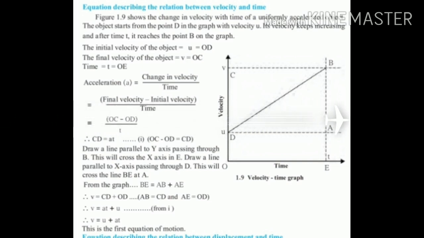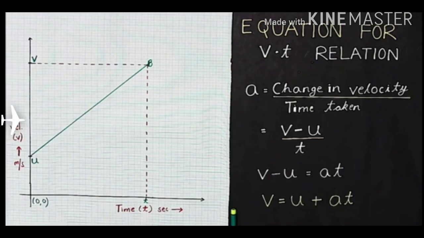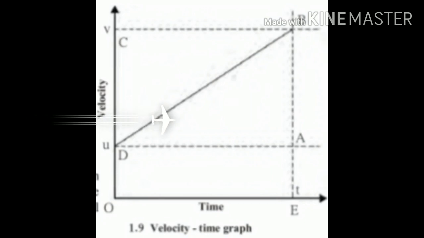Therefore, CD is equal to a into t. Then you draw a line parallel to the y-axis passing through the point B. This will cross the x-axis at point E. You draw another line parallel to the x-axis passing through the point D. This will cross the line BE at point A.